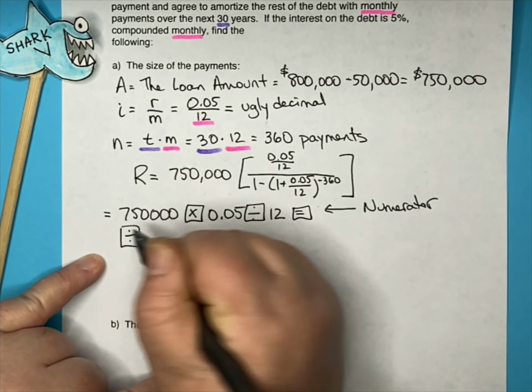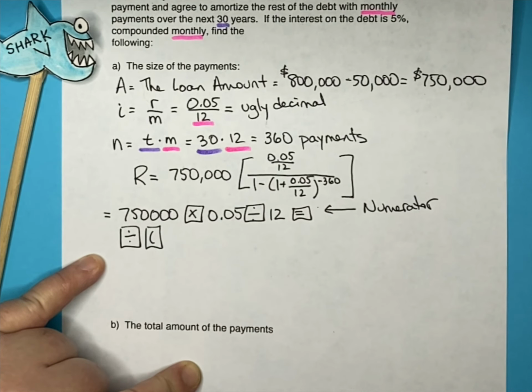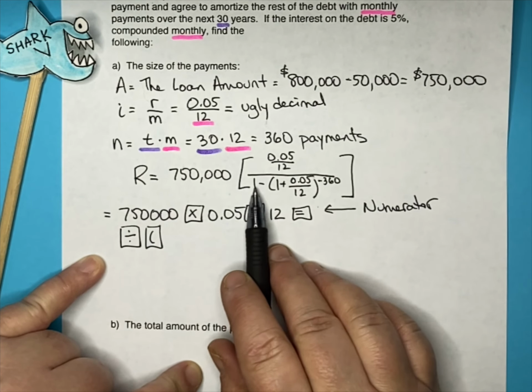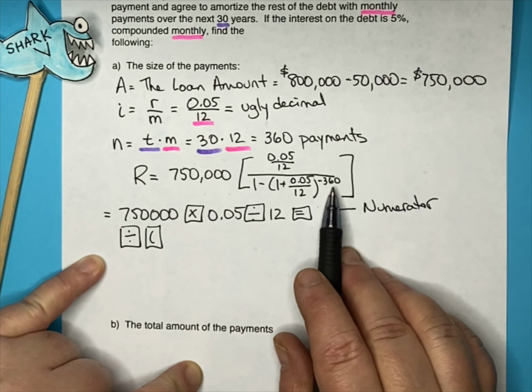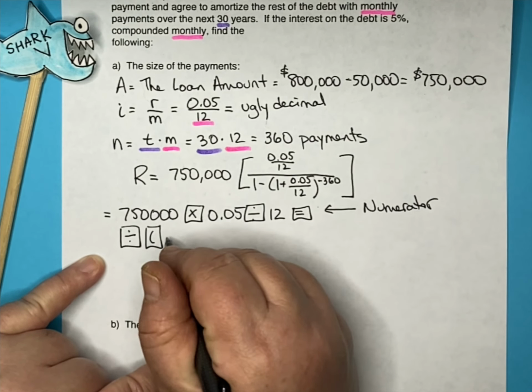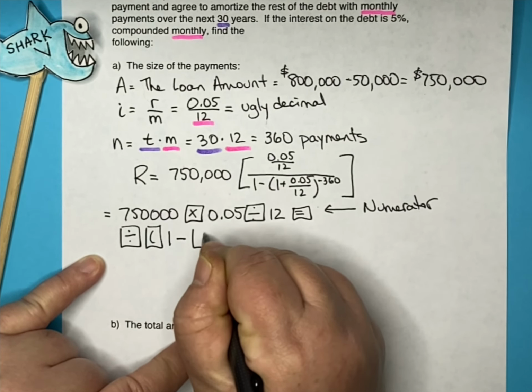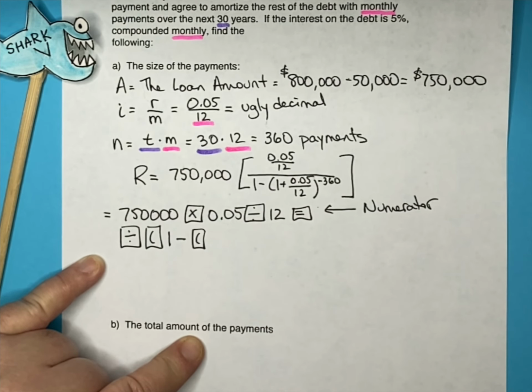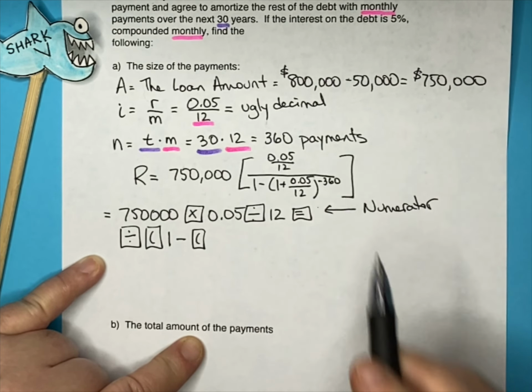And then we're going to continue. I'm going to divide it by, and then I'm going to put in parentheses, because I want this whole expression to be in the denominator. So I'm going to open a parenthesis, and I'm just going to follow along. 1 minus, and then another parenthesis. That's this parenthesis right here.